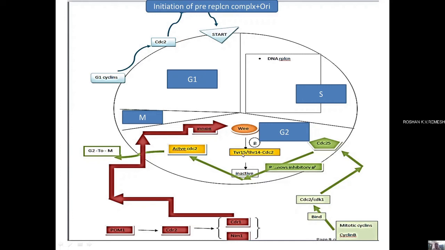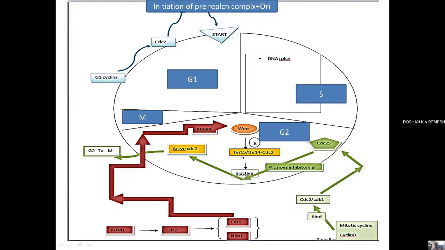At the 15th residue we see tyrosine, and at the 14th residue we see threonine. These two residues get phosphorylated. This is a kind of inhibition, so CDC2 does not get activated by mitotic cyclins.